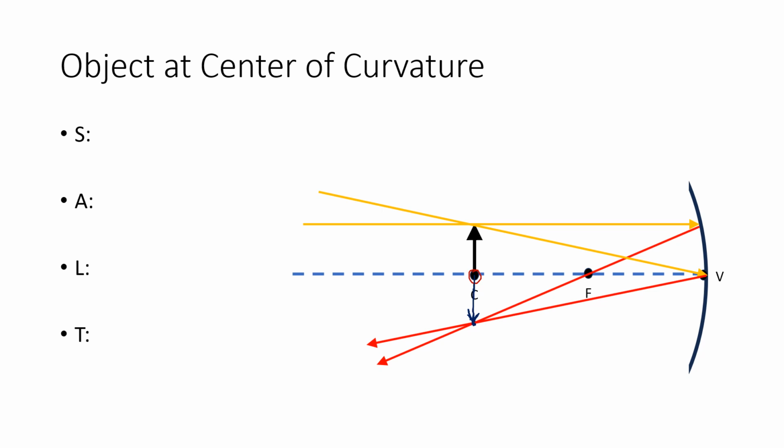So size will be the same as the object. Attitude is inverted still. Location is the same distance. And type, it's still a real image.